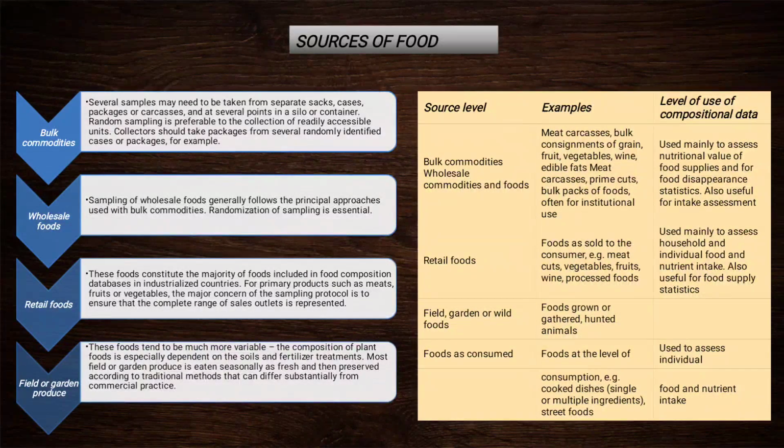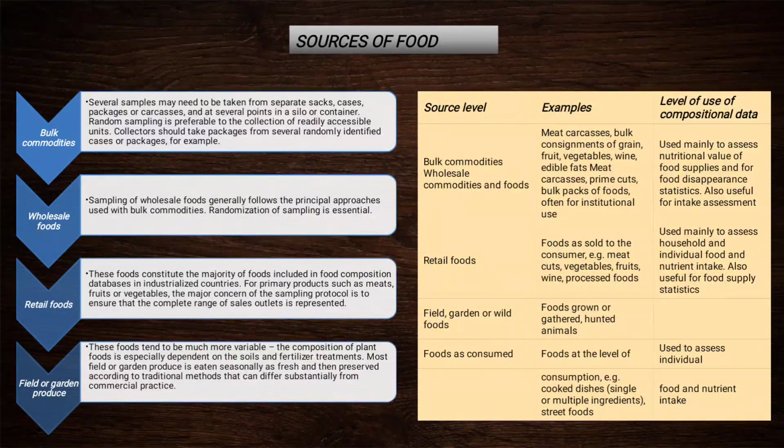Next, field or garden produce. These foods tend to be much more variable. The composition of food essentially depends on the soil and fertilizer treatment. For example, bulk commodities include meat, grain, fruit, vegetables, and this is also for wholesale food.